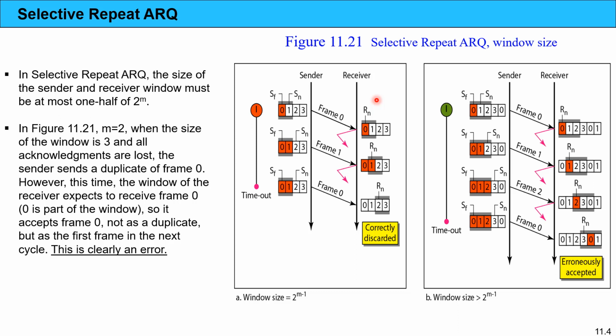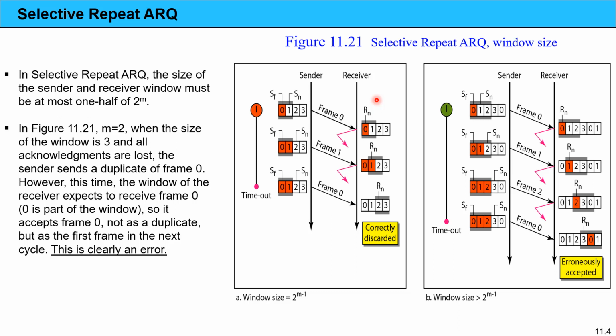Okay, in this example, why do we have to make the window size 2 to the power n minus 1, similar to what we did in go back N? That is why we use 2 to the power n minus 1, because of the extreme case if all acknowledgements are lost.